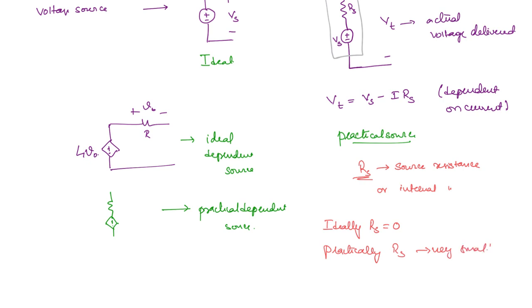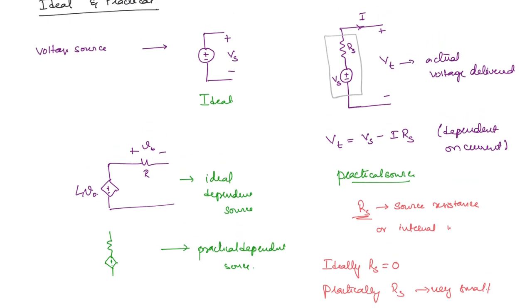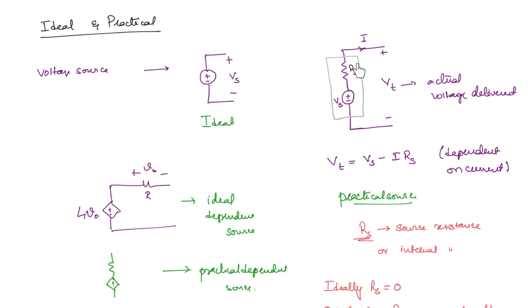So for a voltage source, Rs will be very small, and if it becomes 0, that is the ideal case. When this resistance becomes 0, it will be the same as the ideal source. So for a voltage source, the practical source becomes ideal if the source resistance becomes 0.